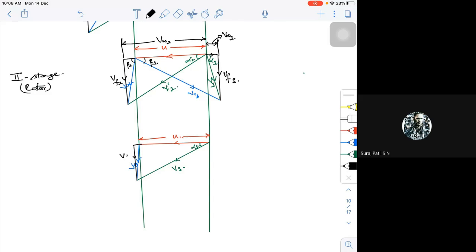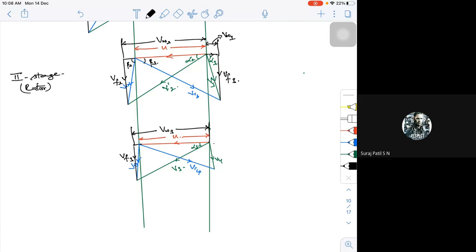This will be my VF3, this will be my VW3, okay, and then if I want to close it, this will be my VR4, and this will be my V4.